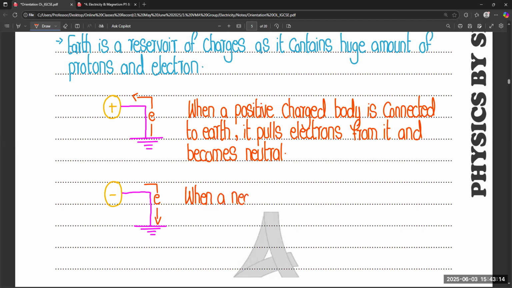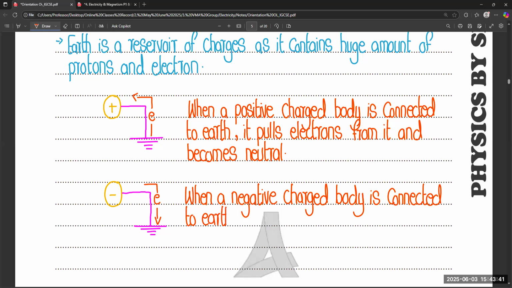So when a negative charged body is connected to earth, it pushes electrons to ground and becomes neutral.